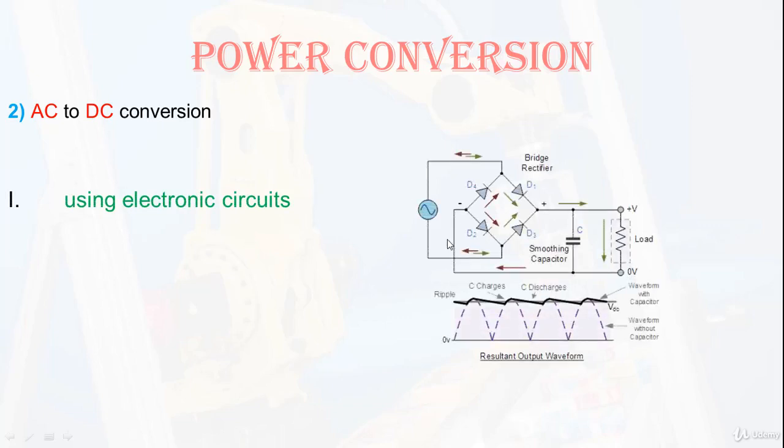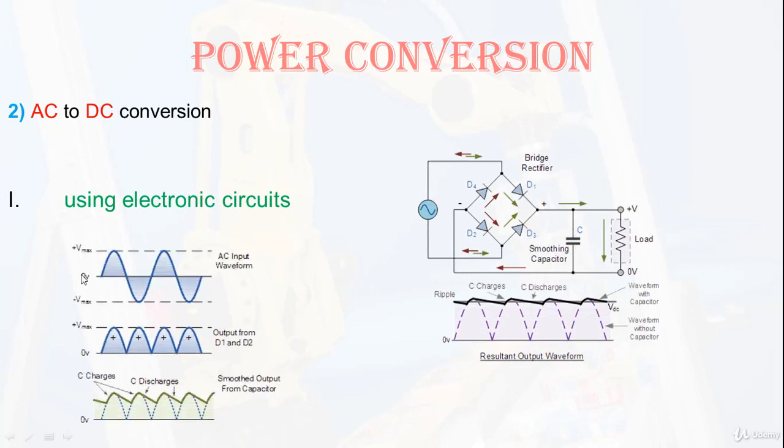The second type is the AC to DC conversion. We will use a bridge rectifier circuit for converting it. This is our input sine wave, which has a positive half and a negative half, and our job is to convert each negative half to the positive region. The job of these four diodes is to convert the negative half to the positive half.